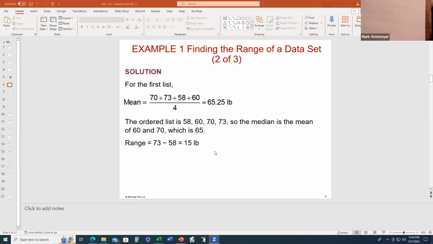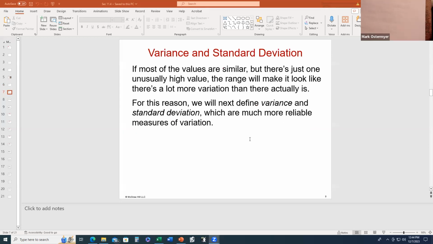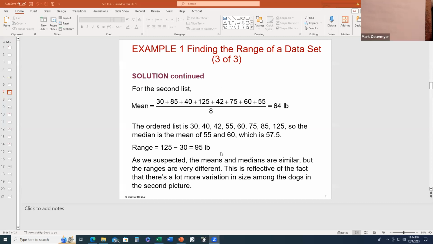Notice the ranges are a lot different between these two sets of weights. 15 pounds for the first collection of dogs, 95 pounds for the second collection of dogs. Why is that?